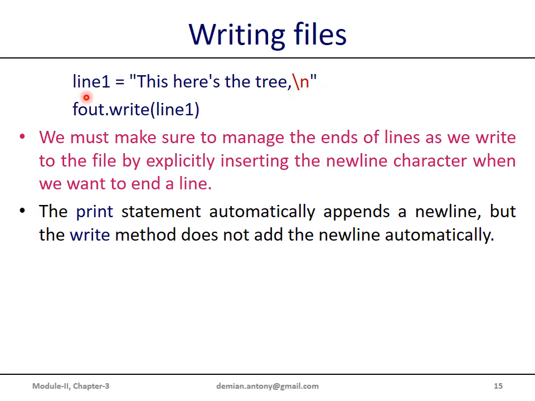So in order to create the file with lines, we need to append a new line at the end of every string and call this write method, which is associated with the file handle fout, with the string that we are interested in writing onto the secondary storage.